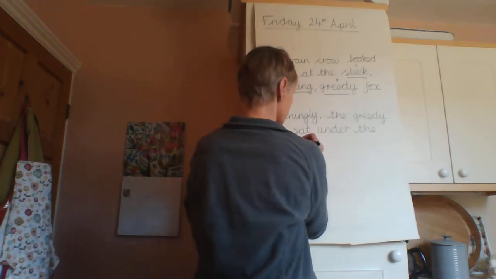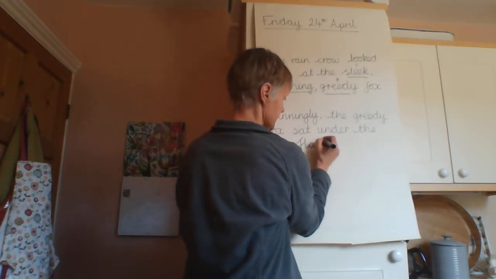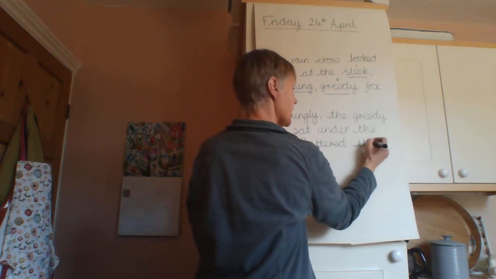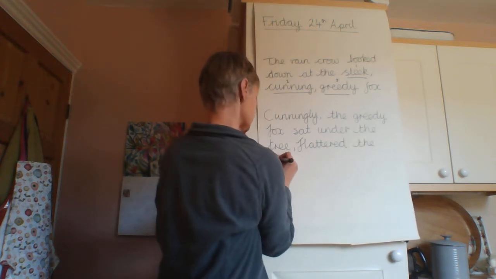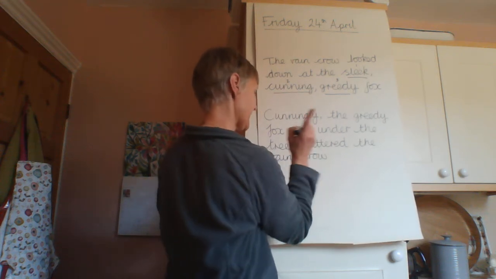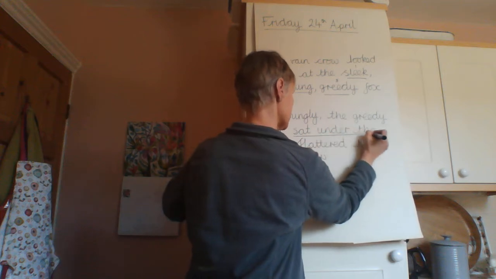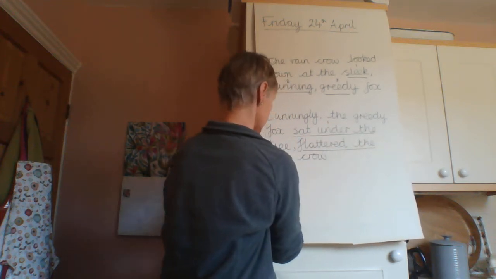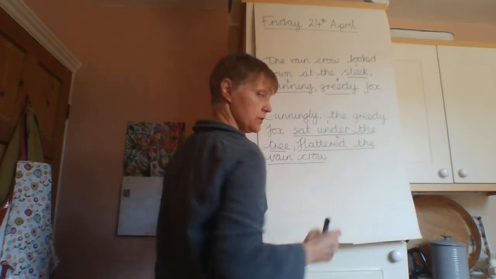Flattered the vain crow. Flattered the vain, there's another of my words from yesterday, crow. So that now is sat under the tree is number one. Flattered the vain crow is number two. I need a third one.